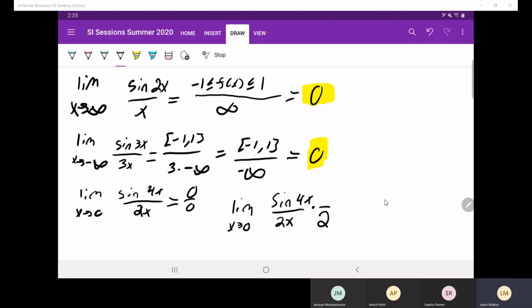So if you multiply this bottom by 2, that equals 4x. But you have to multiply by a form of 1, so you multiply this by 2 over 2. And that equals, well, first off, you could take this 2, since you don't need to multiply by anything, and pull it out over here, and multiply these two together. Equals 2.